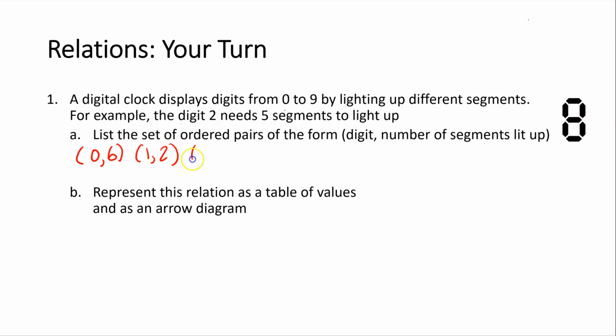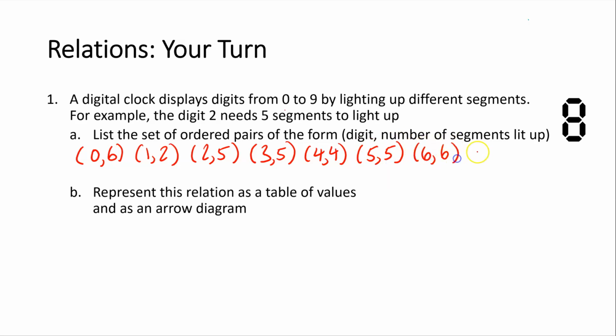The number 2, we said, needs 5 line segments. The number 3 would need 1, 2, 3, 4, 5 line segments as well. And it goes on and on until we reach number 9. So I'm going to go through the other ones fairly quickly. 4 needs 4 segments. 5 is going to need 5 segments.